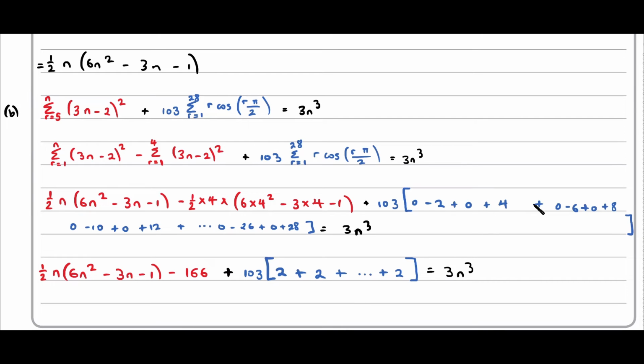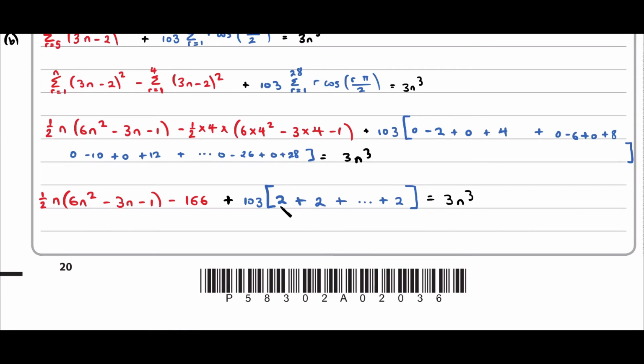So here there's a difference of 2. Here there's a difference of 2. Here there's a difference of 2. And for the last terms, there's a difference of 2. So we have 4 sets repeating themselves 7 times, because 4 times 7 is 28. So over here, we have 2 being added to itself 7 times.